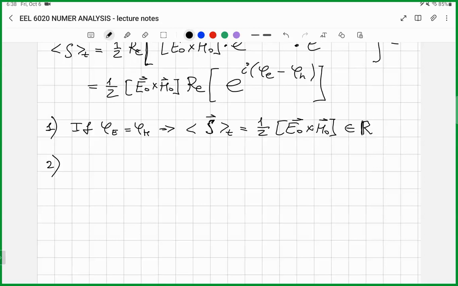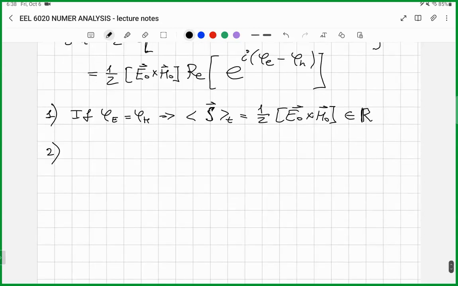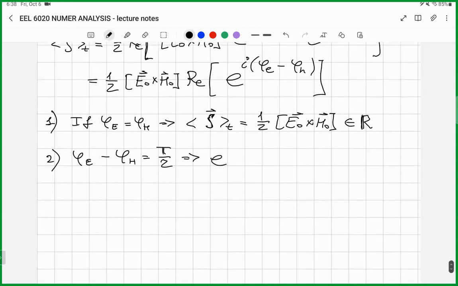can change the phase difference between the electric and magnetic field somehow, and I make the phase difference between electric field and magnetic field equal to pi over 2. So what would I have in this case? This exponential function is equal to e to the power of i pi over 2.